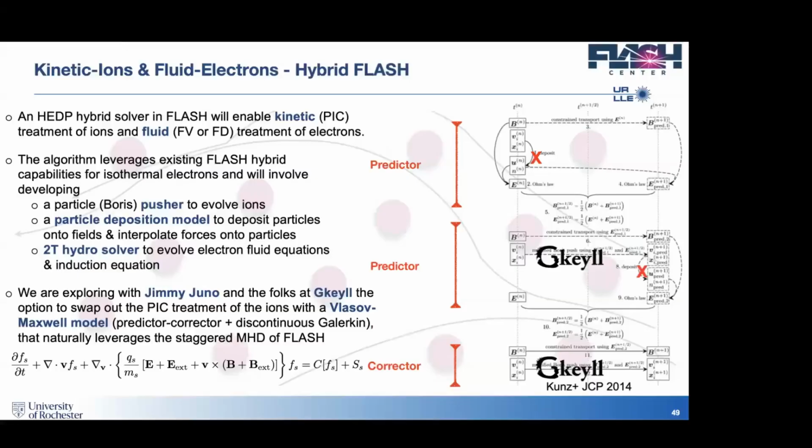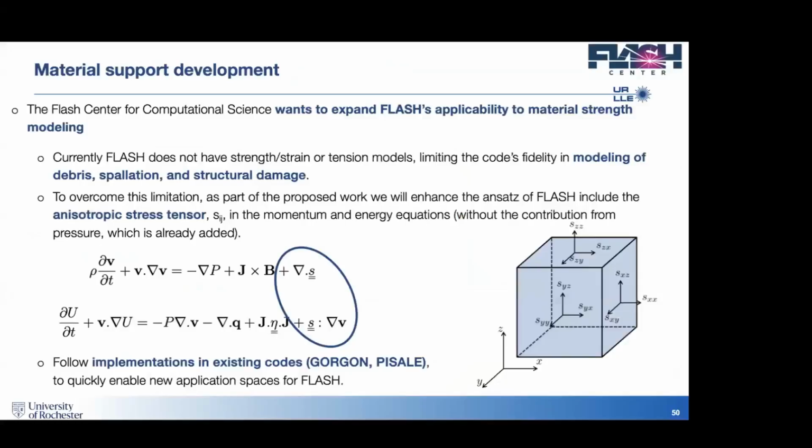The idea here is to use a library version of Gkeyll to replace our Boris pusher and have the update of the ion population carried out by Gkeyll, and then the moments computed from that distribution fed back into Flash. This is going to be presented by my postdoctoral scholar at APS TPP in collaboration with Jimmy, and we will be working on that for a while.